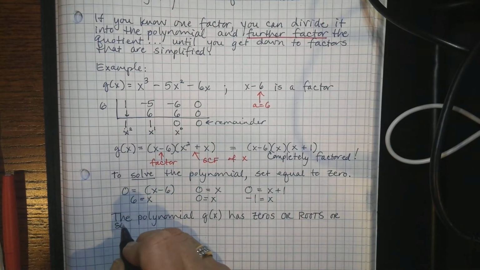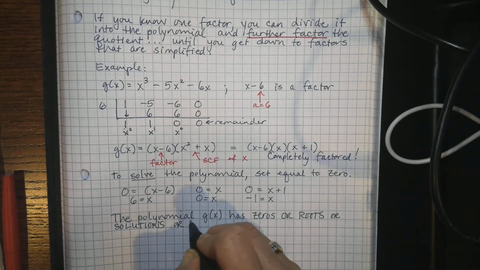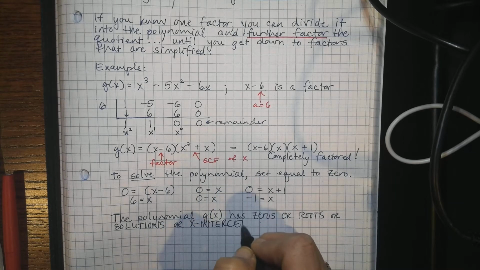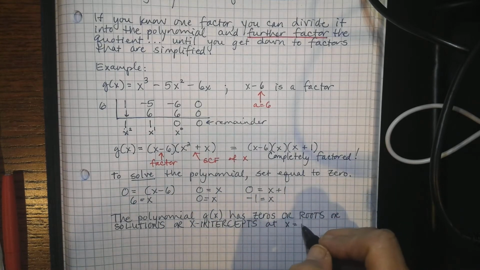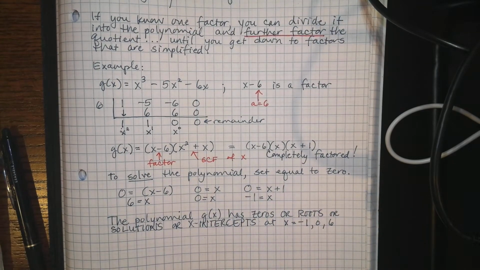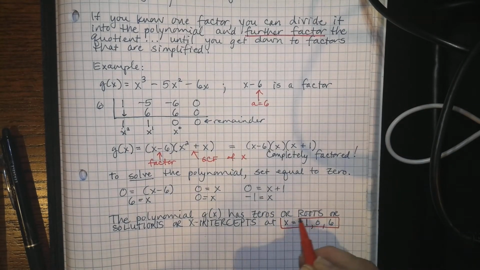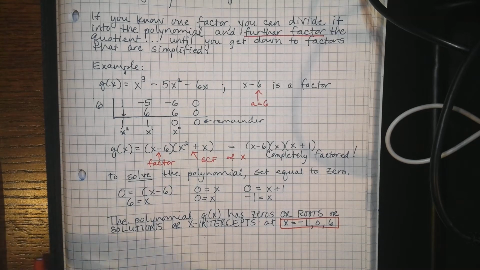Or we also call them solutions, and we call them x-intercepts at x equals negative 1, 0, and 6. That's what it means to solve polynomials. We get all the way down to the end.